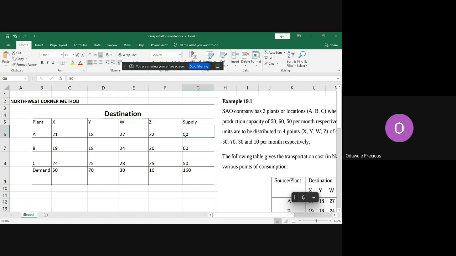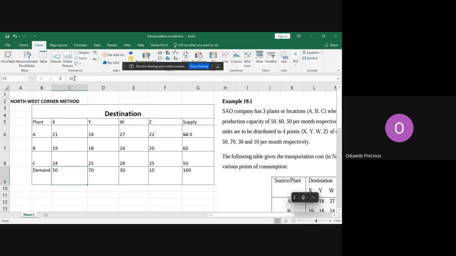Since you can give them what they want, you now come here, since you are giving your demand all the 50, since that's all they need, you now cancel it out. So it will become 0. Then since you are giving it out, you now have another box here.